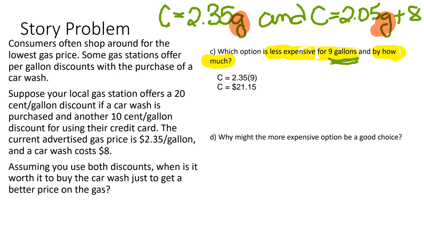But if I take C equals 2.05 times 9 gallons plus 8 for the car wash, I am going to get a cost of $26.45.